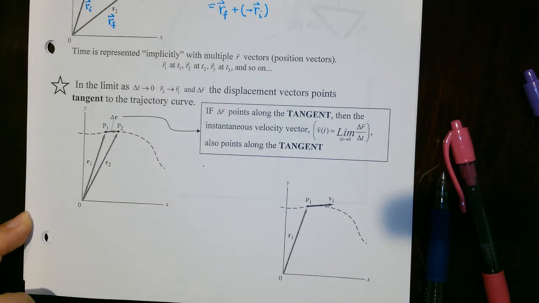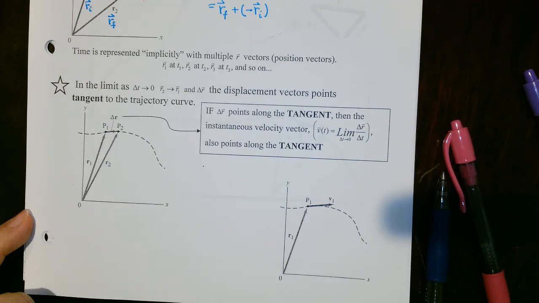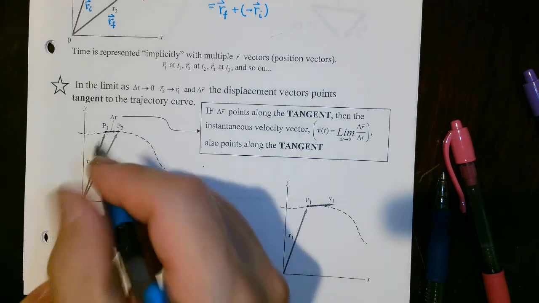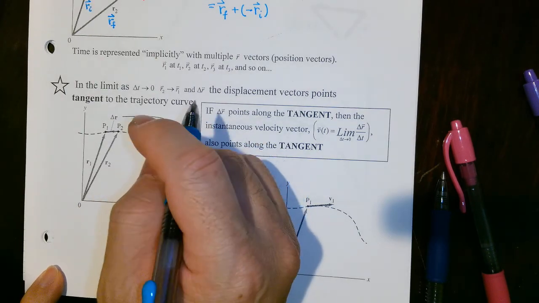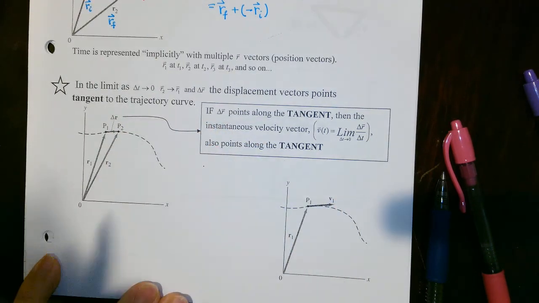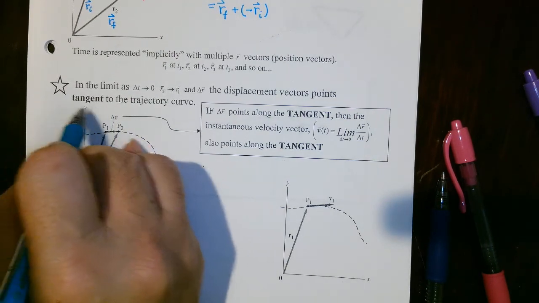That's calculus, right? That's basically the derivative. So as delta t approaches 0, delta r becomes a tangent line to the trajectory of the curve.